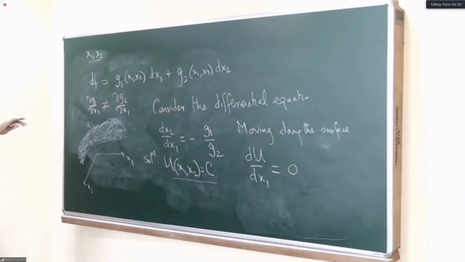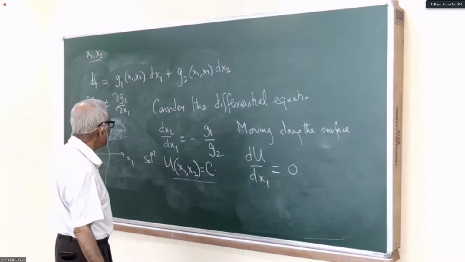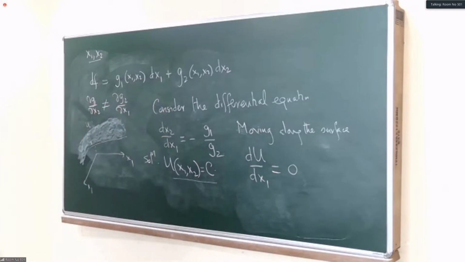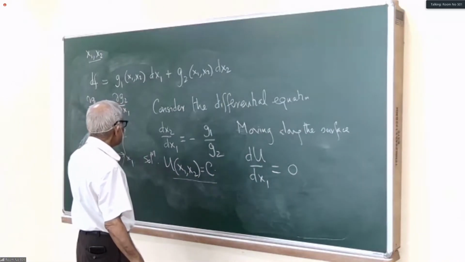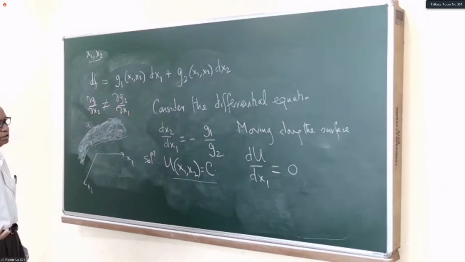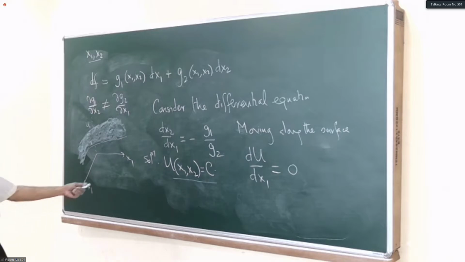Because if I move on this surface, it's u equal to constant. So if I change x1 along this surface, the same holds for x2, you are going to get no change in du. So du/dx1 is equal to 0 if I move along the surface, which is the solution of this equation.